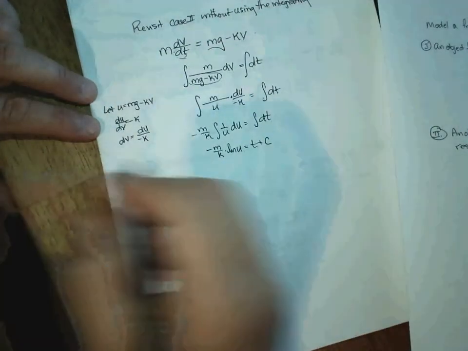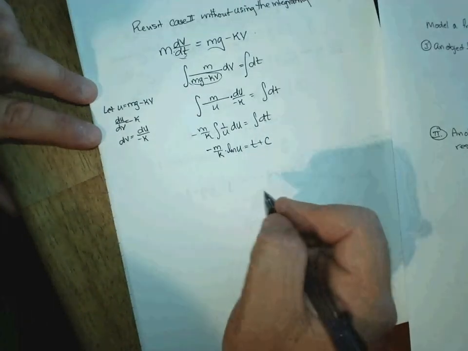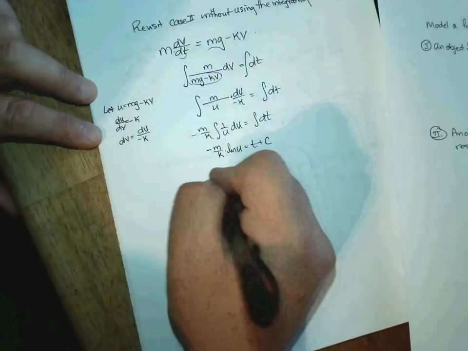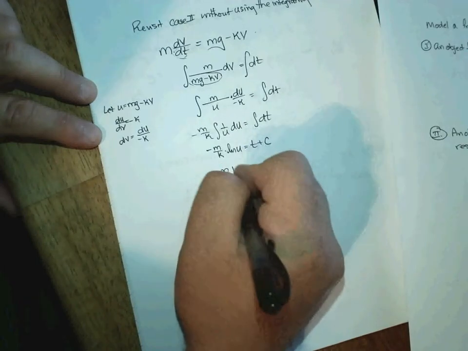All right, let's go ahead and plug back in what u is, mg minus kv.